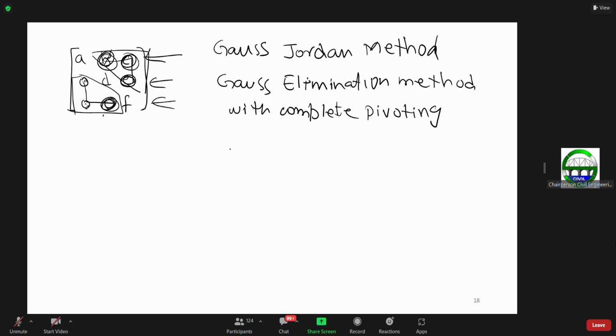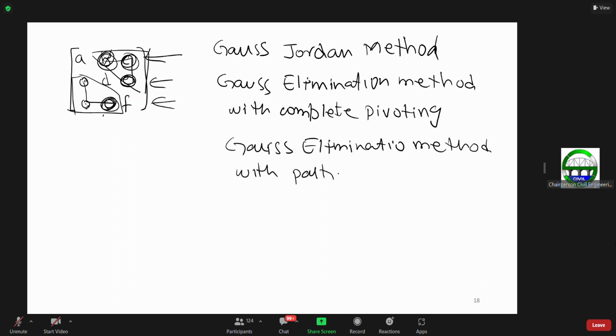And the one before that was the Gauss elimination method with partial pivoting.